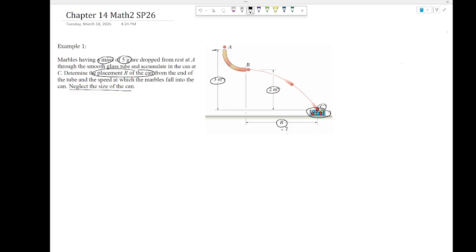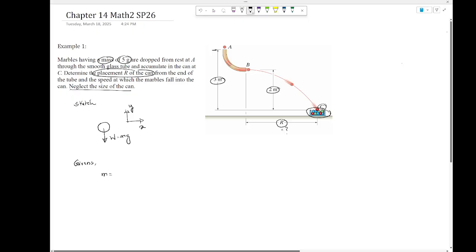So let me do a quick sketch. When the marble is flowing through, it has its weight W equal to mg, where m is the 5 gram. If you want to start with the givens, three things are given. First, the mass of the marble is 5 gram.